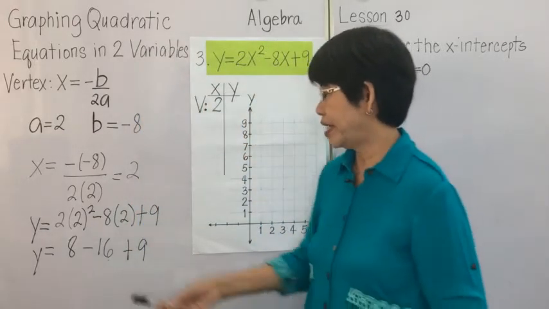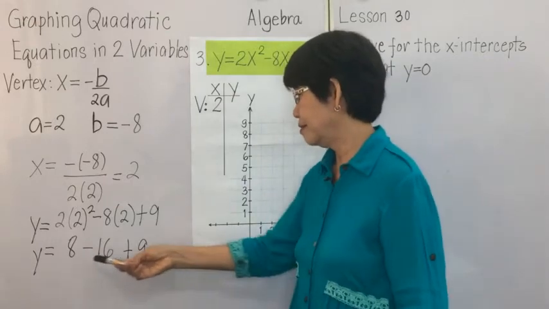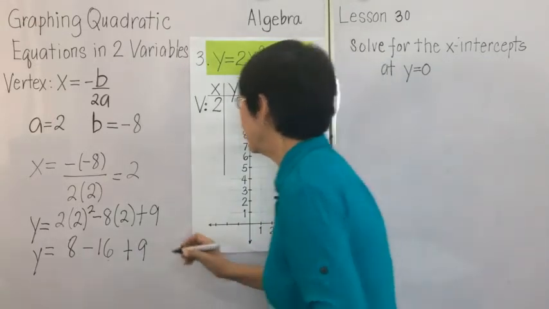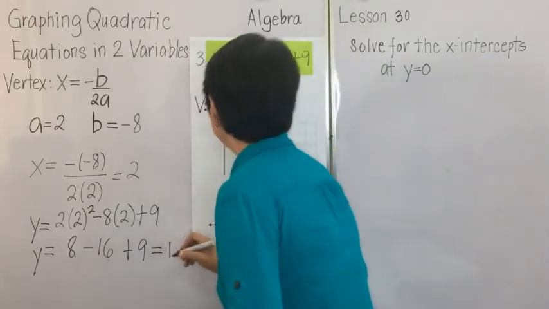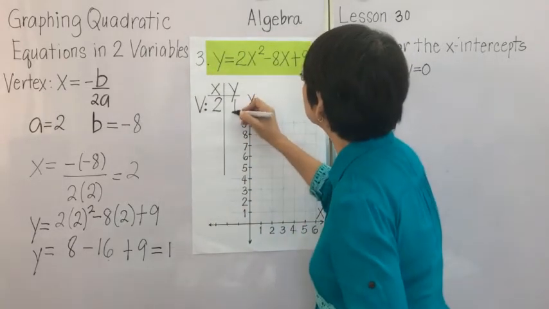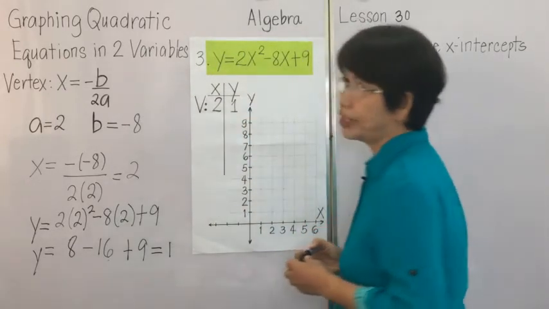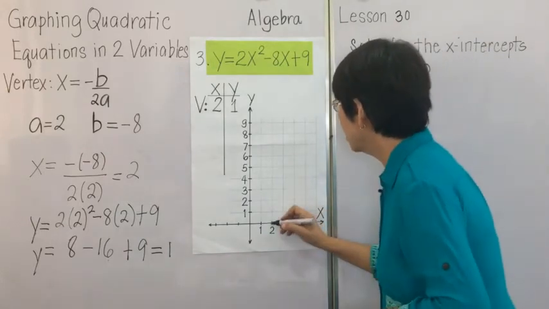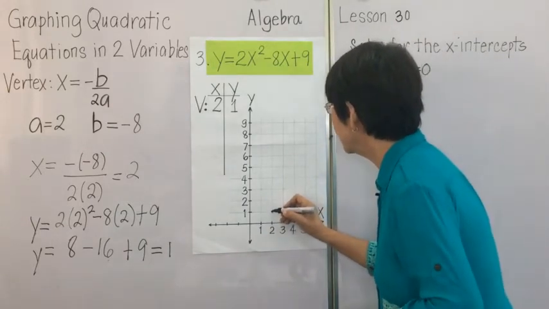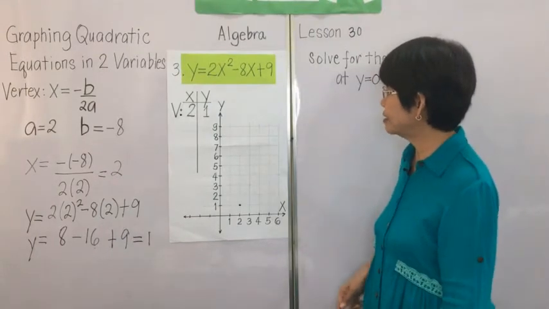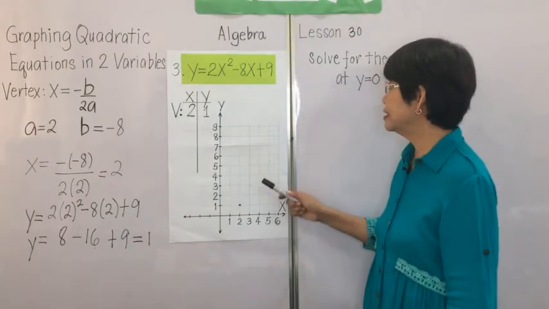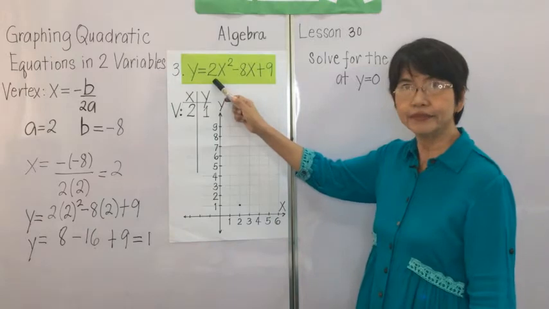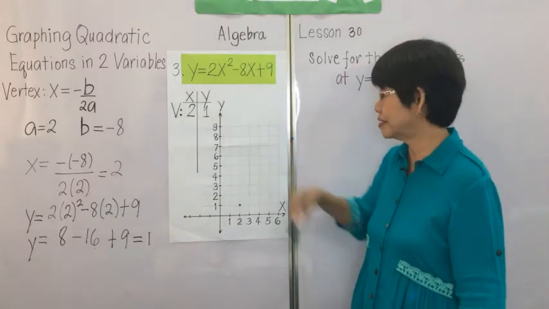So we have negative 8 plus 9 is equal to positive 1. Value here is 1. We can locate the vertex at 2, 1. 2, then 1. We see here that the graph is going upward because the a is positive.